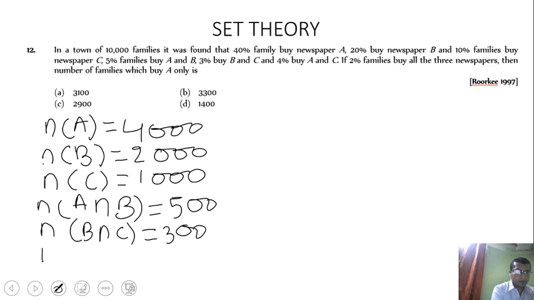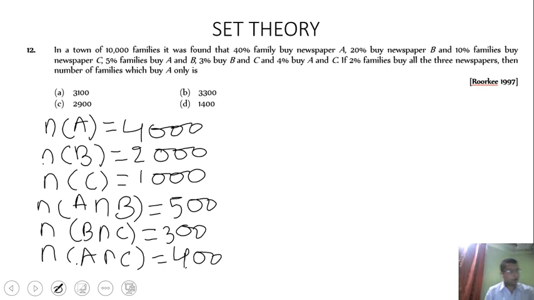Next, n(A intersection C) is 4%, that is 400. Finally, it is given that the families buying all three newspapers are 2%.